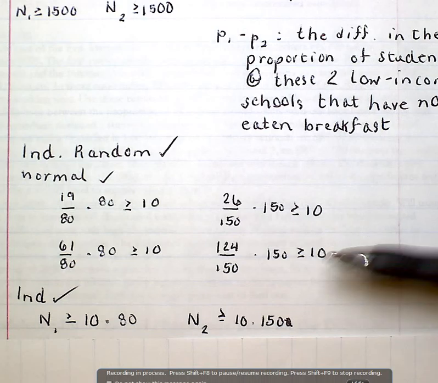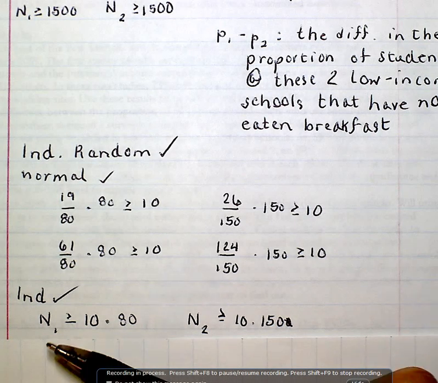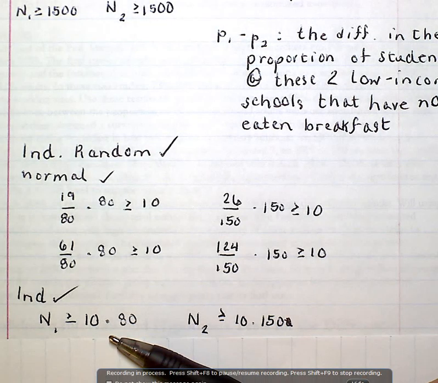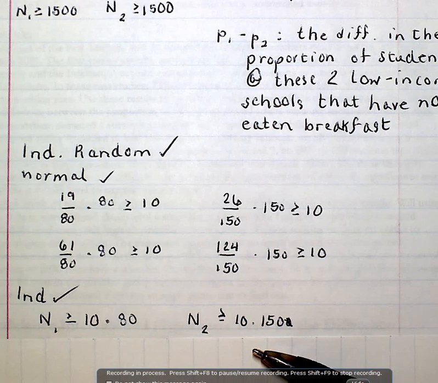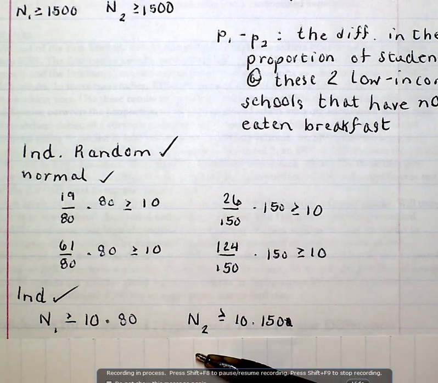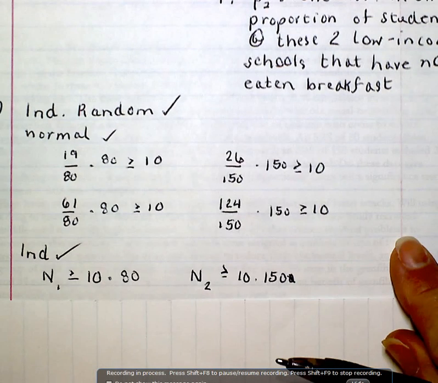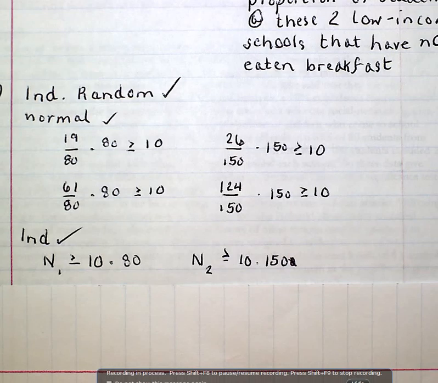And I was told that there were more than 1,500 students at School 1, so that's bigger than 800, and that there were more than 1,500 students at School 2, so that's just barely the right size. So it's reasonable to assume that these samples have been taken from those populations and that they are independent of other samples that could be taken. So there's my plan.